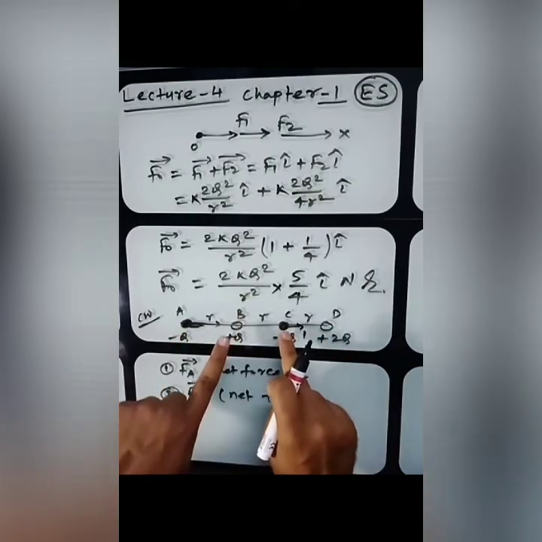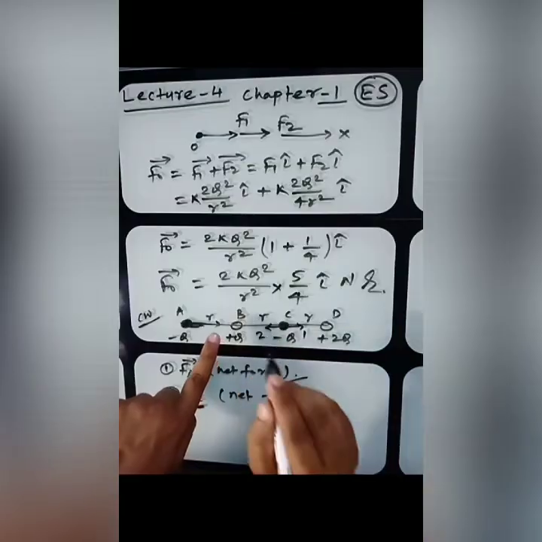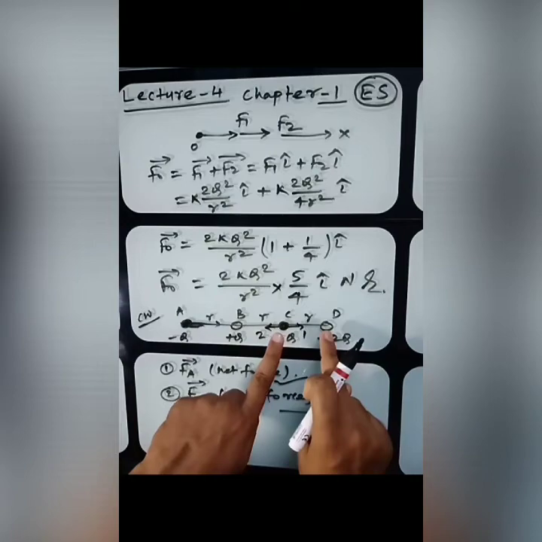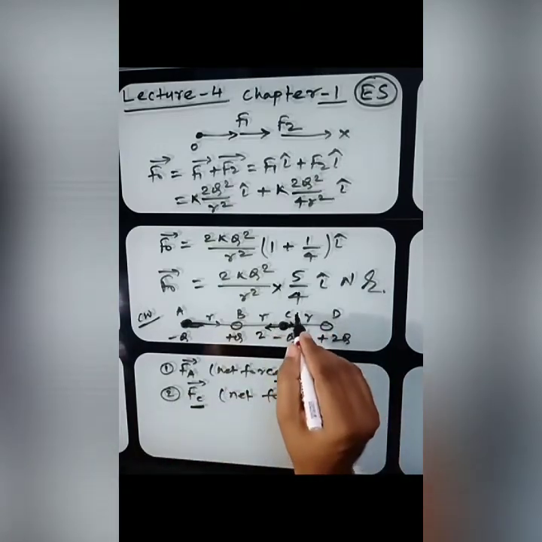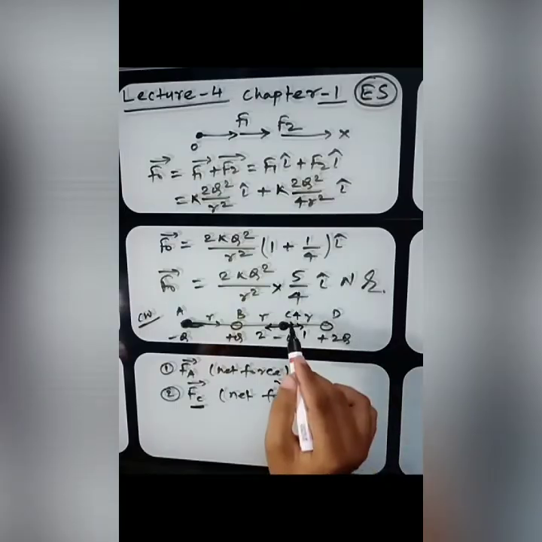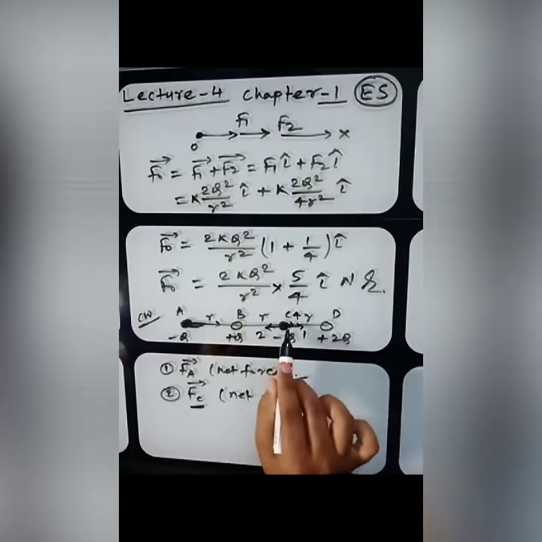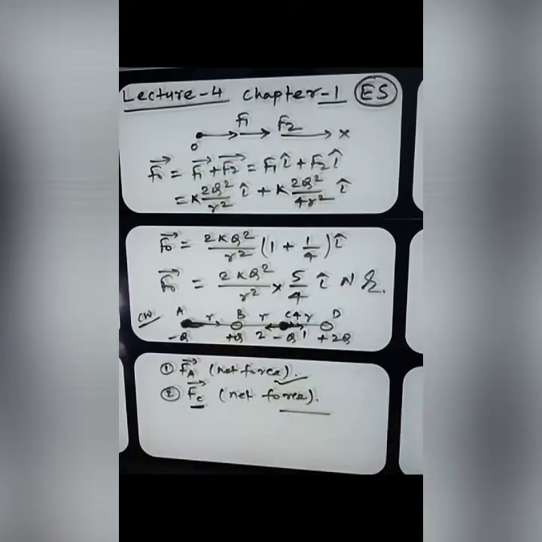Now between B and C, this is positive and this is negative. So it will attract towards B. This is the second force. Now between C and D, this is minus and this is plus. So it will attract towards D. And this is the fourth force. I hope you are able to see. So these two forces will sum up with i cap, and this will be subtracted from these two forces with minus i cap, and the net force you can write. So in this way you can find the answer of this question.